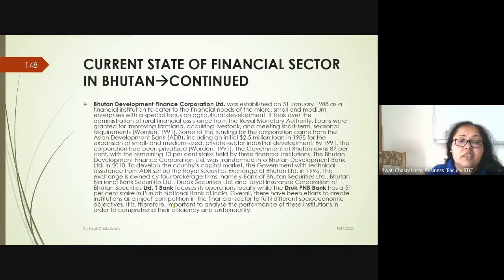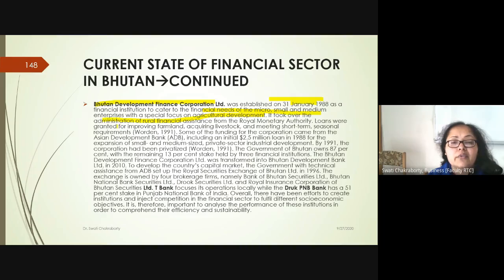Okay. Then comes the Bhutan Development Finance Corporation Limited, which was set up in 1988 as a financial institution to look into the financial needs of micro, small, and medium enterprises, with special focus on agricultural development. Because the agricultural contribution had gone down, it took over the administration of rural financial assistance from the RMA.